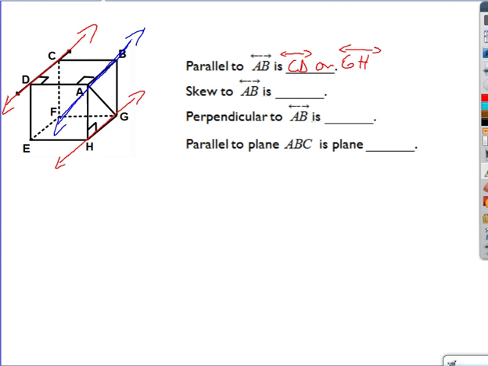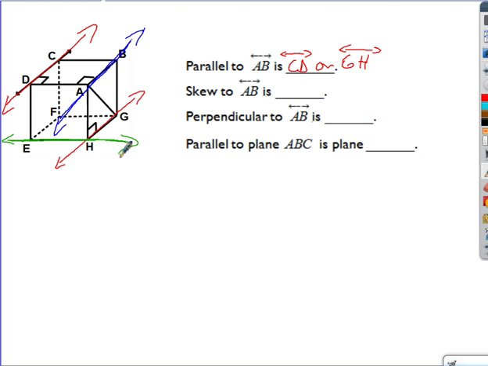Now, which lines are skewed to AB? Skew, we said, have to be lines that do not intersect, and they are in different planes. For example, I have this line down here, EH. This line will never intersect with AB.